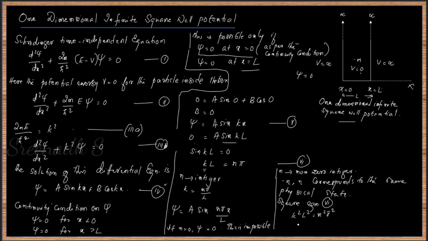So from here, if we substitute for the value k, we have here in this equation number 3a, 2mE by h cut square is equal to k square.